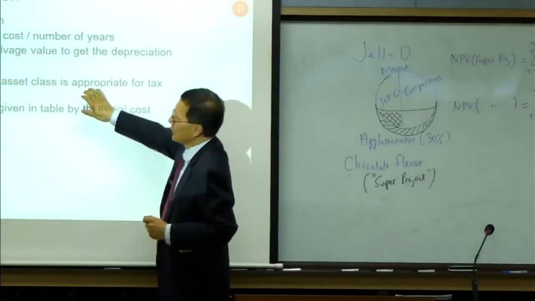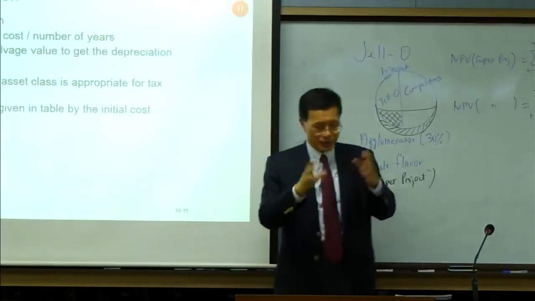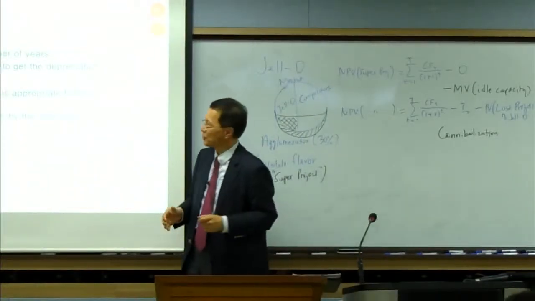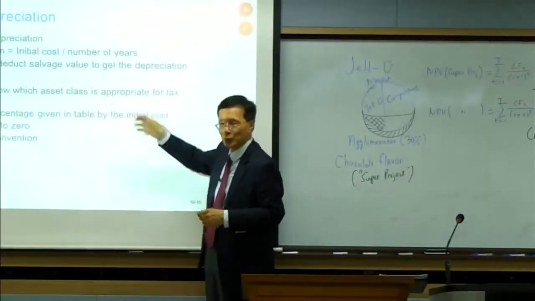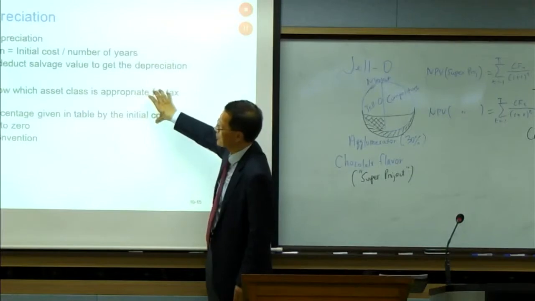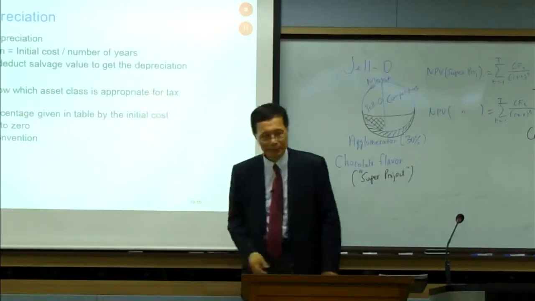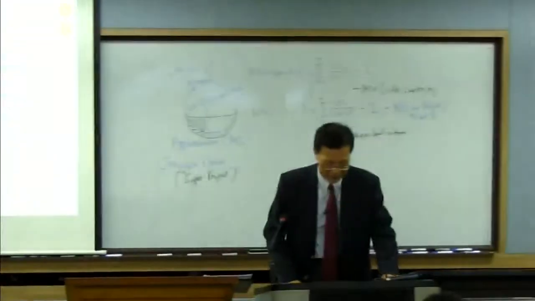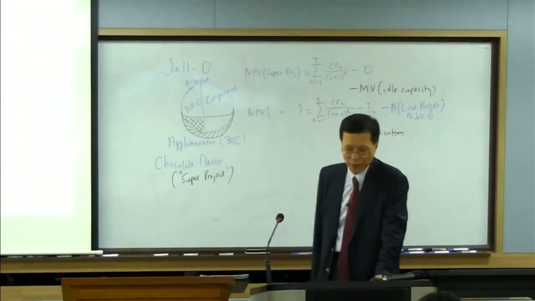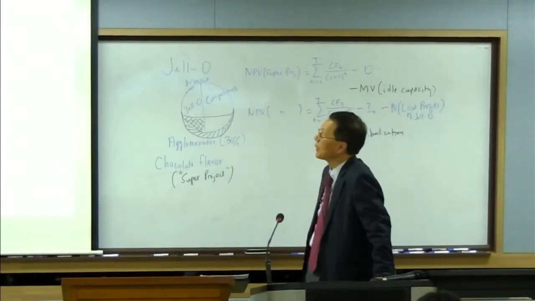So using MACRS, that's a schedule provided by the Internal Revenue Service. You use the table of the MACRS depreciation schedule and you apply it. That is included in your class note, so I want you to take a look at it.